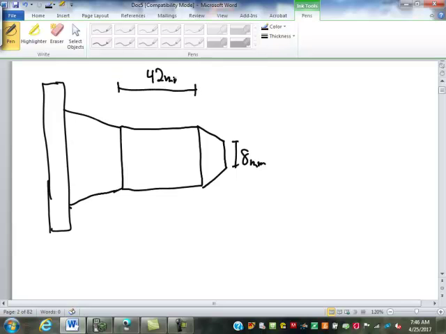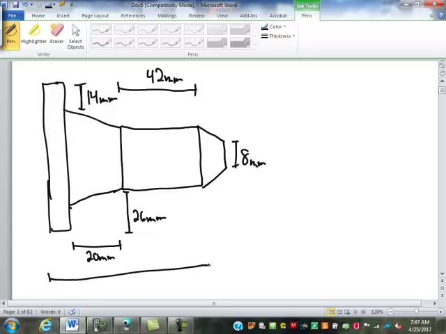This is 42. That's 14. 26. 20. Total length of 78. And total here is 72. And this is 8 here.